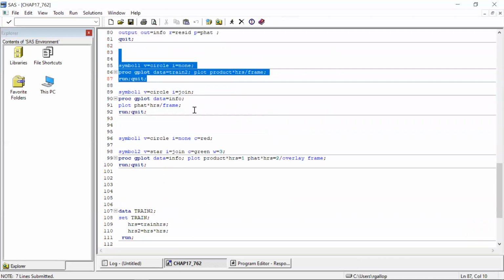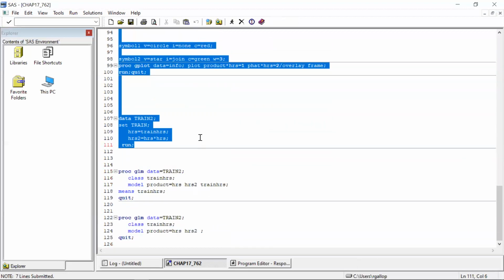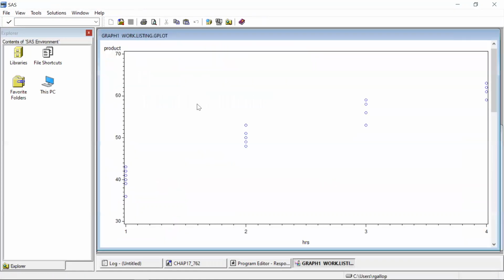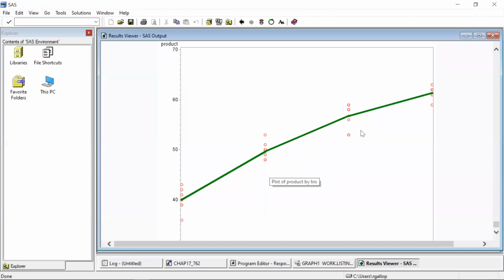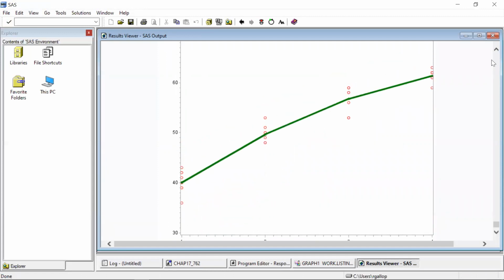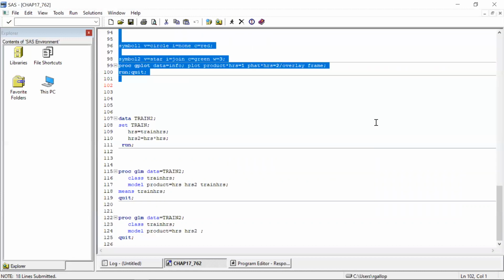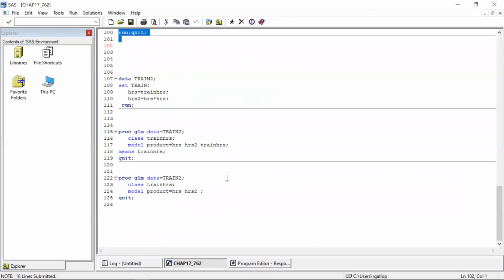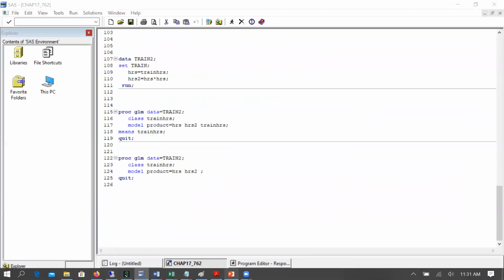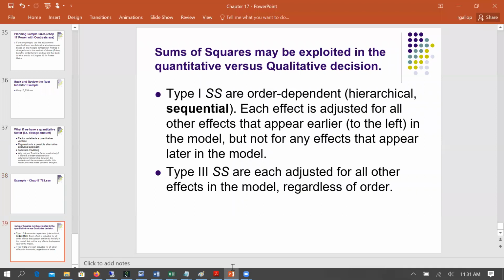Again, if we look at the data graphically, this is showing us the predicted value with the linear and quadratic component. So that's pretty cool. It's definitely an interesting way of showing the data.